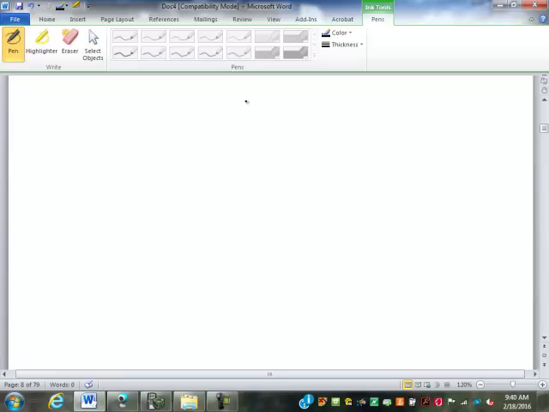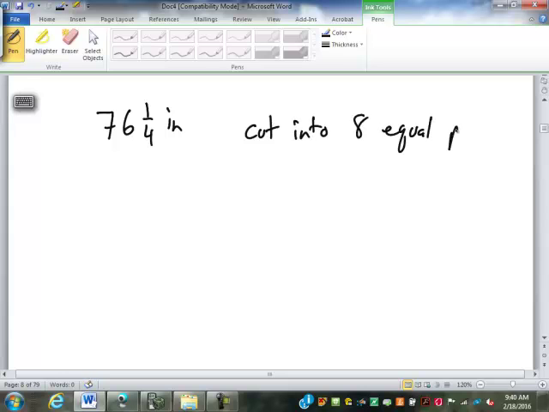Other places that this might come into effect. Let's say that you have a piece of wood that is 76 1/4 inches long. We need to cut it into 8 equal pieces. Cutting it into 8 equal pieces means we are dividing by 8.